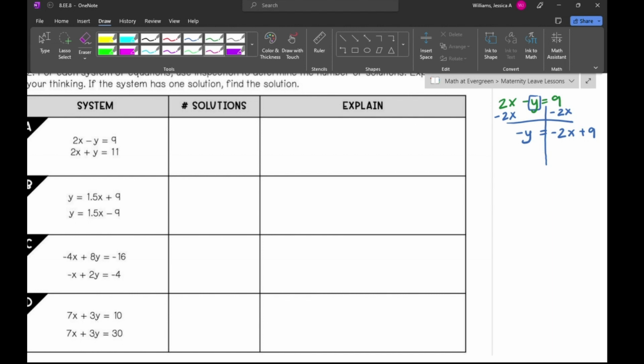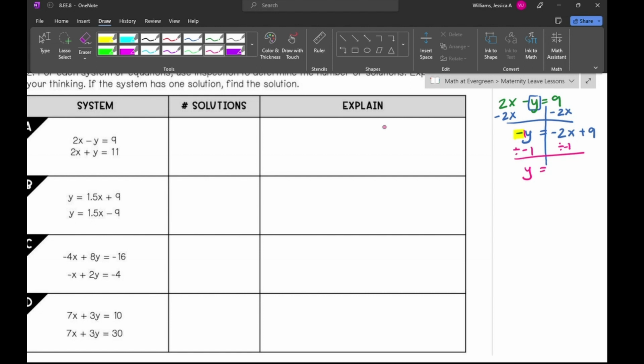This is not quite done because here I have a negative y, and I don't want it to be negative. So think of this as a negative 1y. So to get rid of it, we're going to divide both sides by negative 1. So that leaves me with y on the left. And then when we're dividing that right side by negative 1, we have to divide every single value by negative 1.